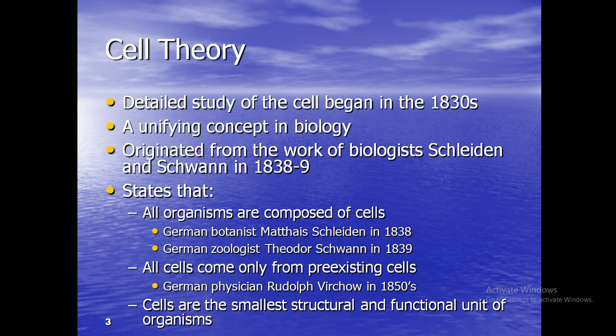There is a theory known as the cell theory. A very interesting and most fundamental theory of life is the cell theory. In fact, the study of the cell started in the 1830s, probably with the invention of the microscope and the observation of a cork cell by Robert Hooke.